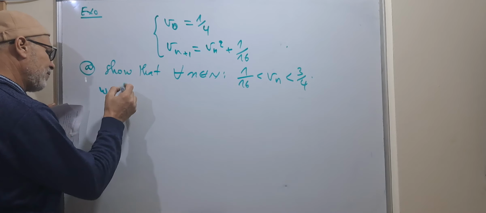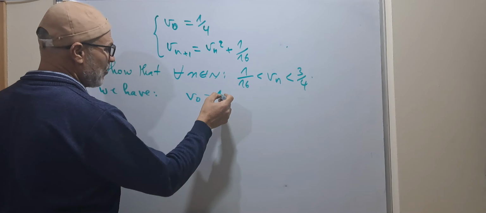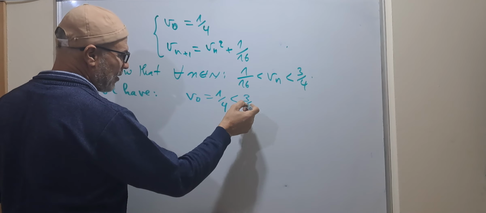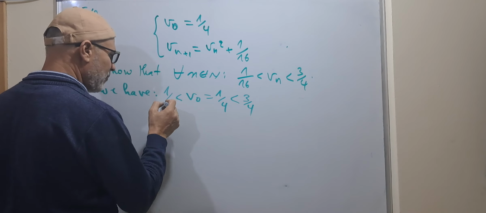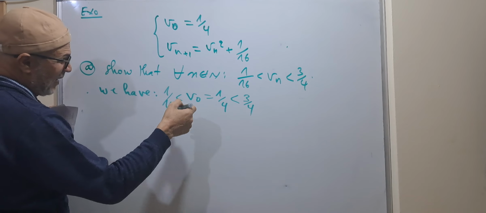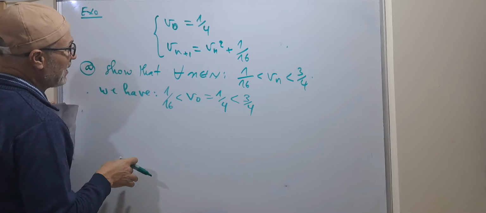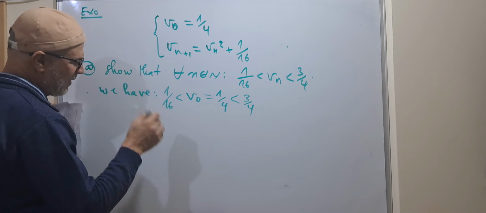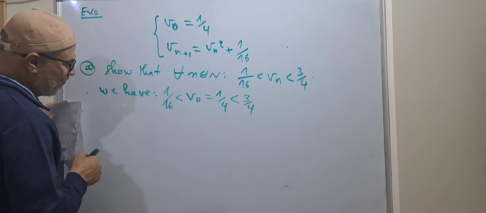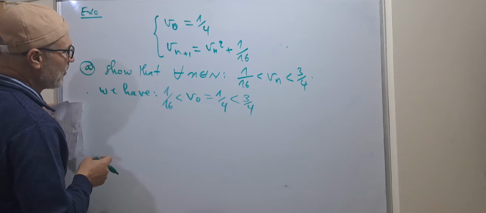We have, by hypothesis, that V0 is equal to 1 quarter, which is less than 3/4 and strictly greater than 1/16. We can verify for V1, so you have the right to verify, or you can start proving the formula by induction.